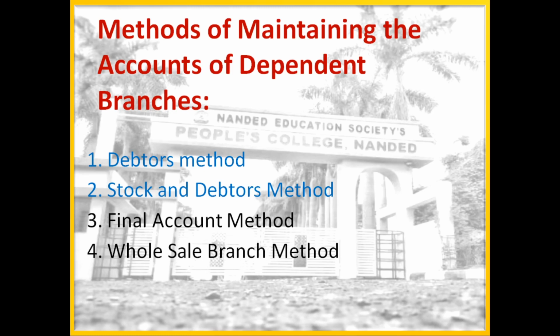This is the simplest system of calculating branch profit by preparing only one account called the branch account. The account is prepared in the head office books. This system is also known as one account system.